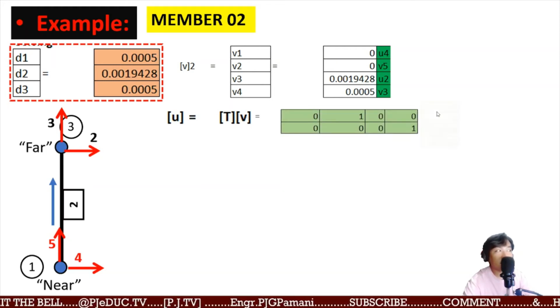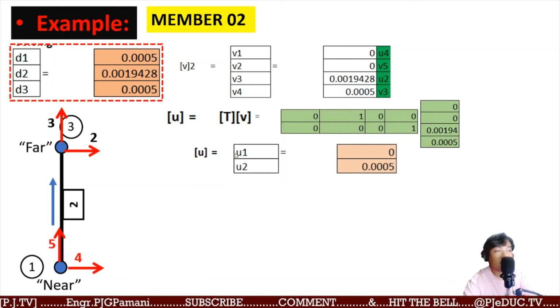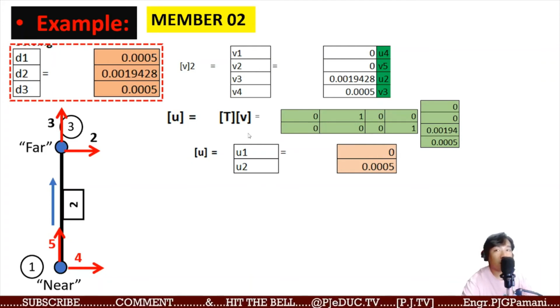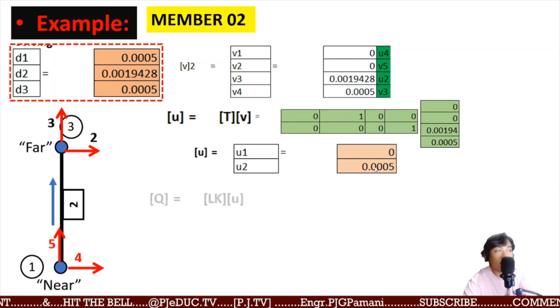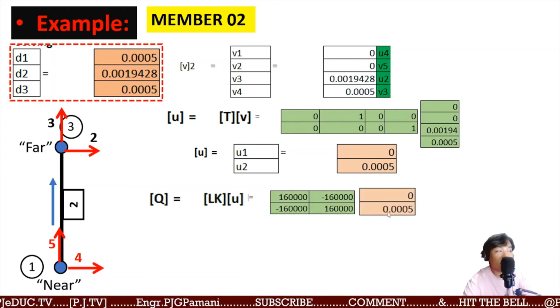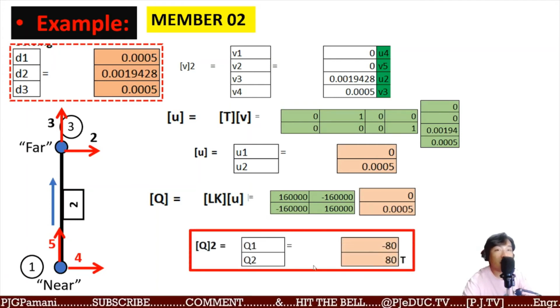Transformation matrix times V gives us the end displacement with respect to the local coordinate system, 0 and 0.005. Then multiply that with the local stiffness matrix of member 2. And basically gives us the force on member 2 at negative 80 and 80, or simply 80 kilonewton in tension.